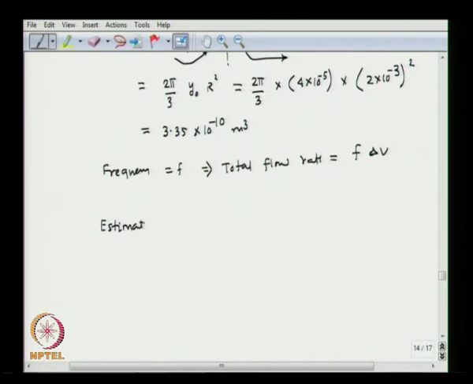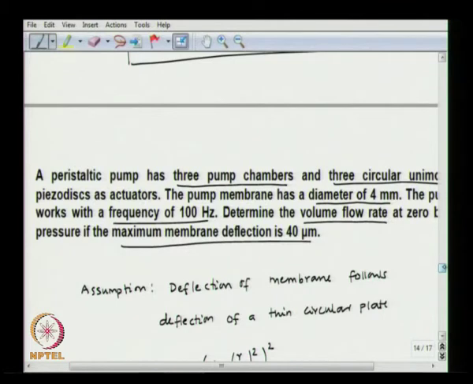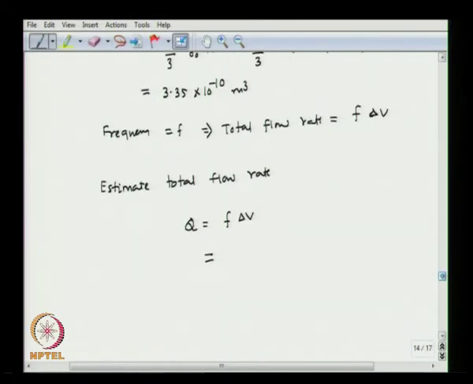So, we can estimate total flow rate Q to be f into delta V. The frequency is given, so the frequency is 100 hertz, 100 hertz into delta V, which is 3.35 into 10 to the minus 10.